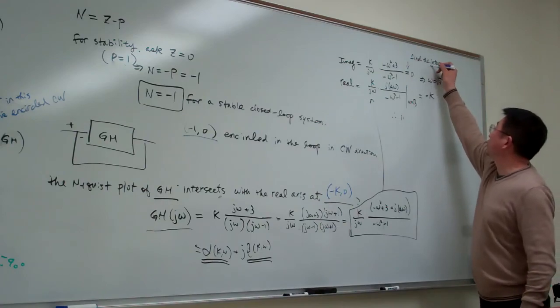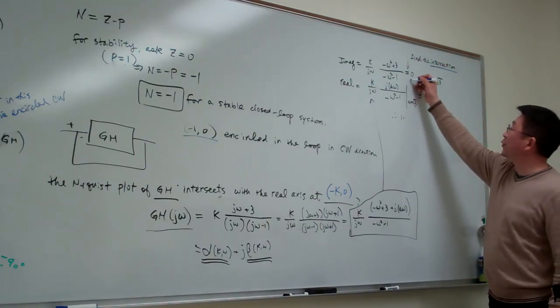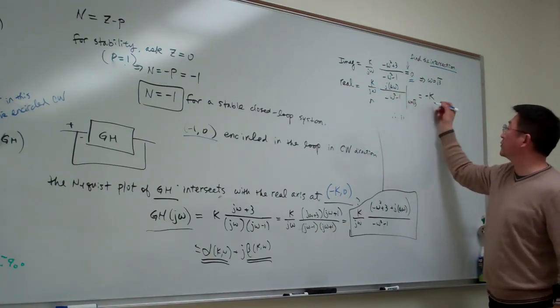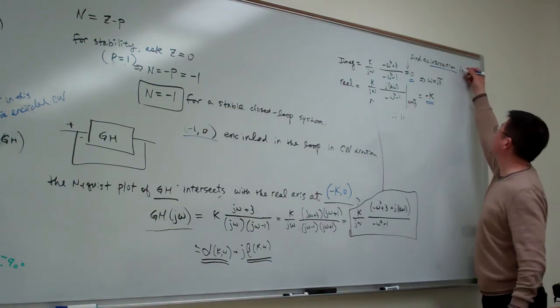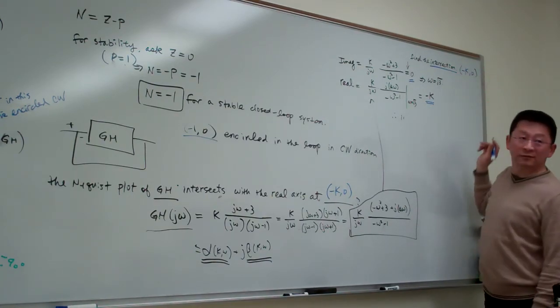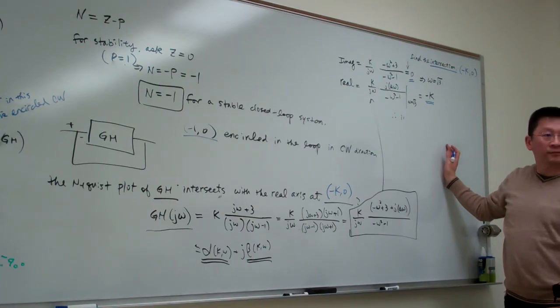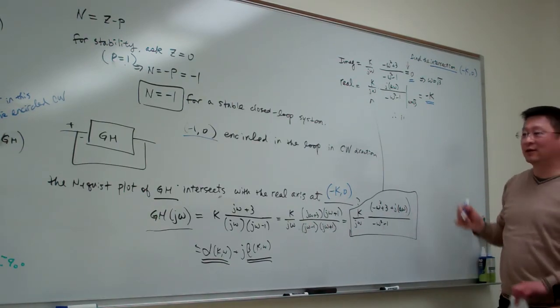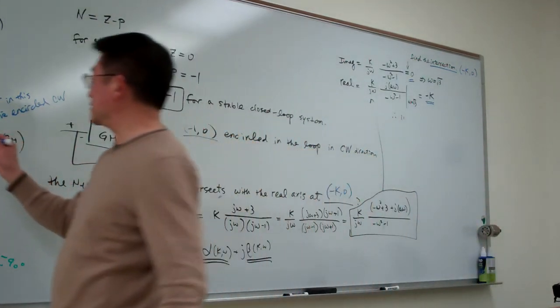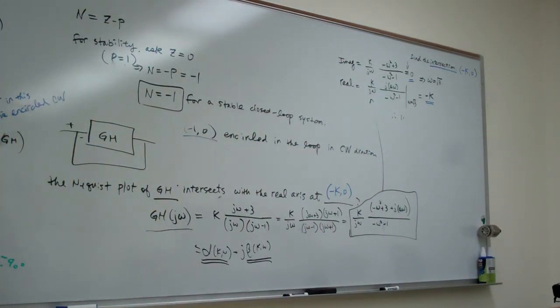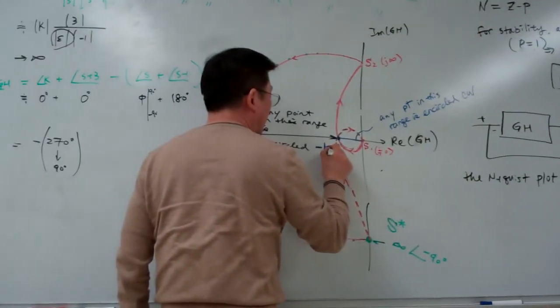At the intersection the imaginary part is equal to 0, real part equal to minus K. So therefore intersecting at minus K, 0. Be good? You have to get it to do the homework. Ask any questions now. Good. Okay. So let me label it. This point is minus K, 0.